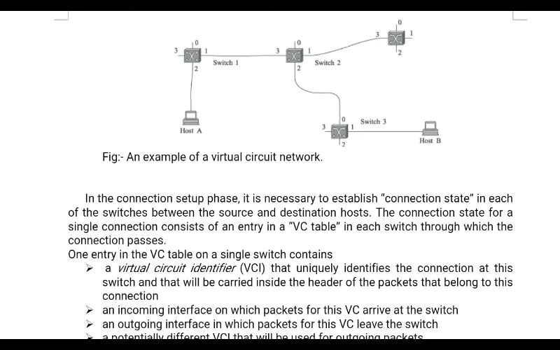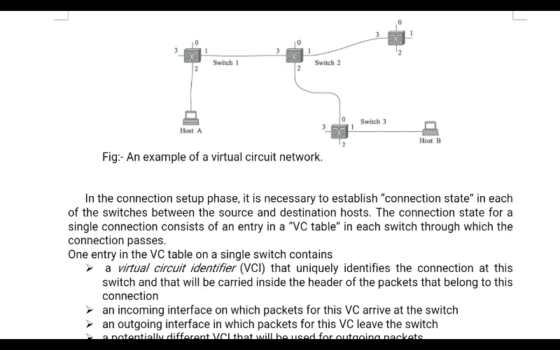So each switch through which the connection passes is going to maintain one entry in its virtual circuit table for each connection. Is it clear? All these switches are going to maintain one entry in the virtual circuit table.